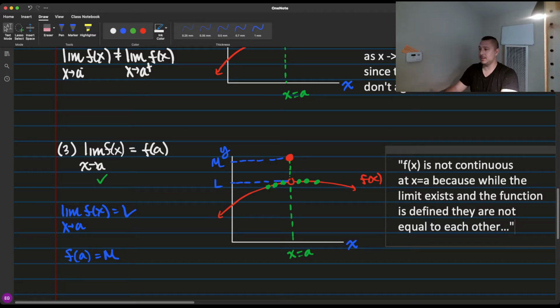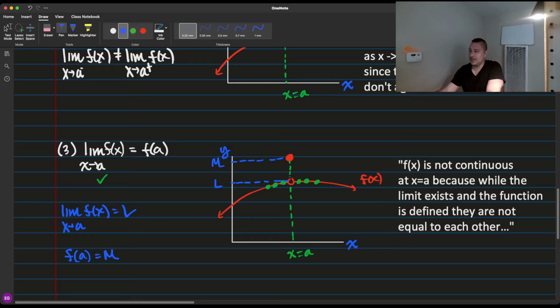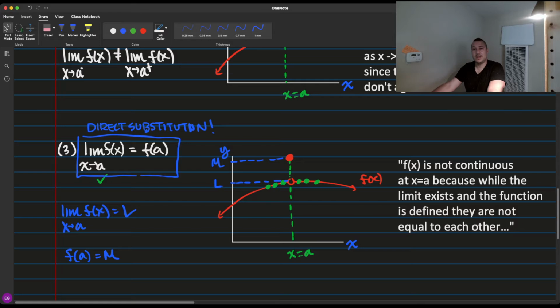Now, if you notice, this third criteria is basically direct substitution. So in other words, if your function is continuous, direct substitution is possible. And if direct substitution is not possible, then you are not continuous.